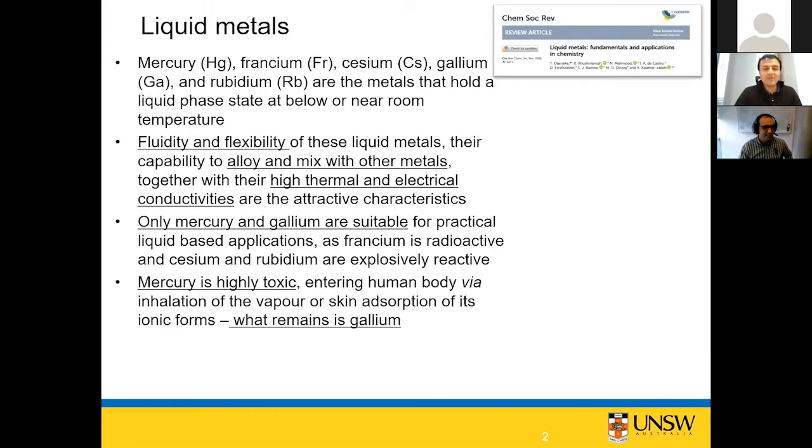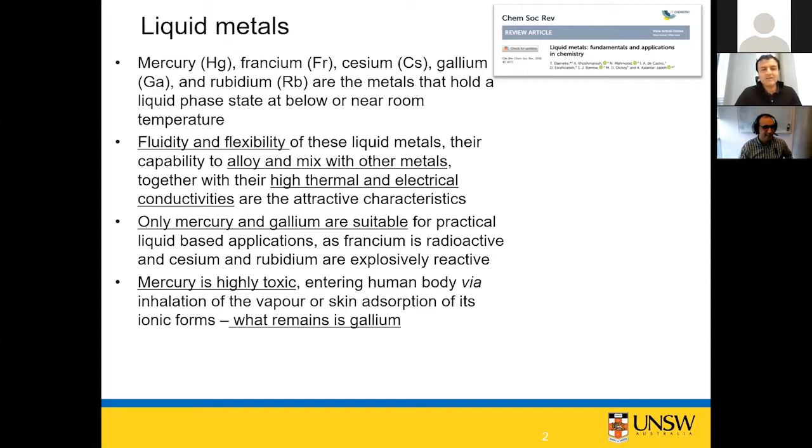Talk about mercury. Anytime I talk about mercury, everybody raises their eyebrows, thinking about the hazards of mercury. I don't believe it's that hazardous, but that's another conversation. What remains to talk freely and safely about is gallium. Establishing a whole field based on just one metal is very limiting.